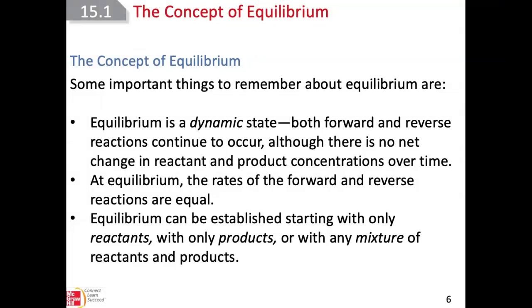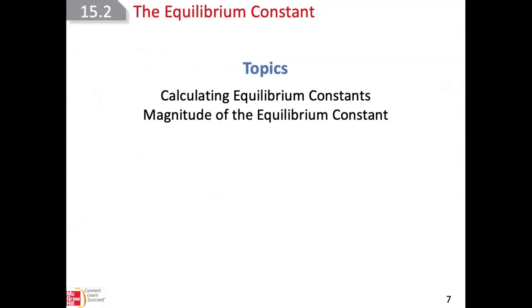You can have only products, by the way, and the products will go and form reactants. Or we can have a mixture of reactant and product in the reaction vessel. For that reaction, it will reach equilibrium, and the forward and reverse reactions will have the same rate.